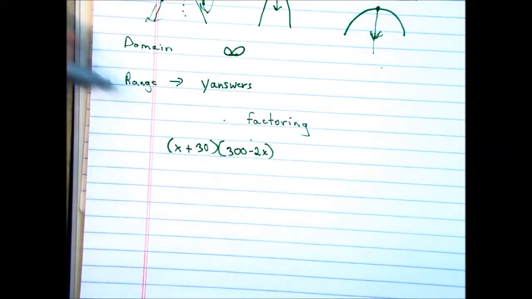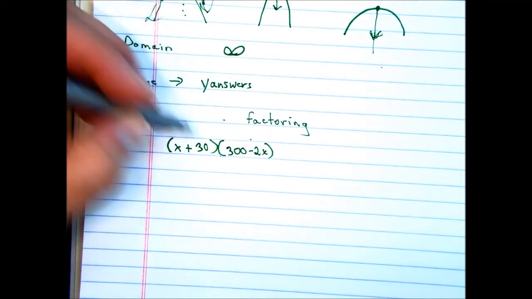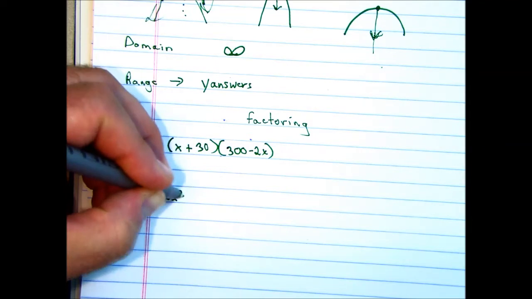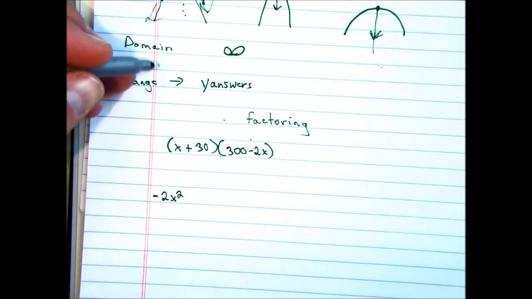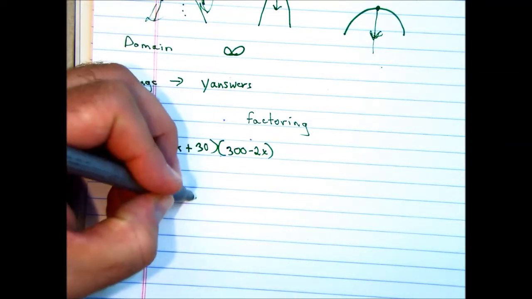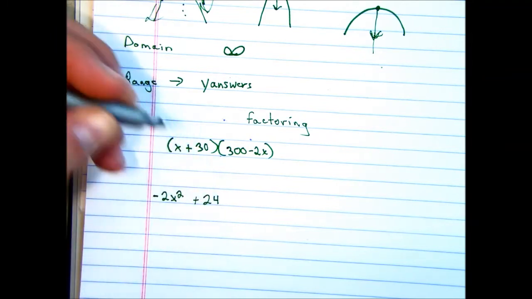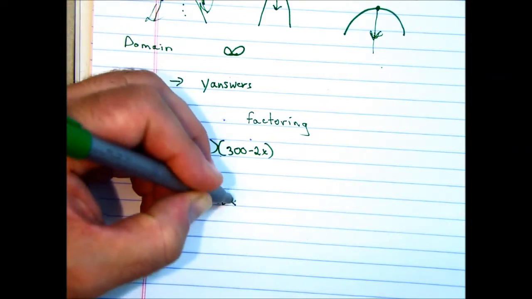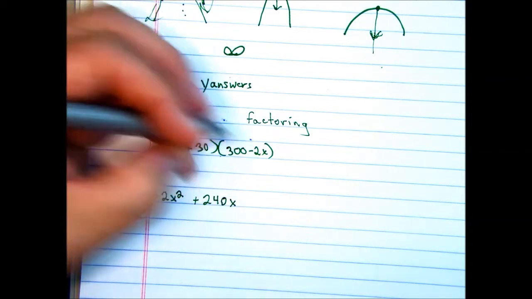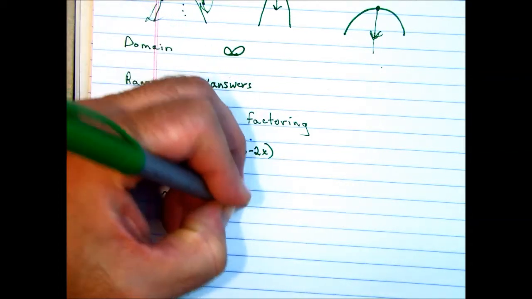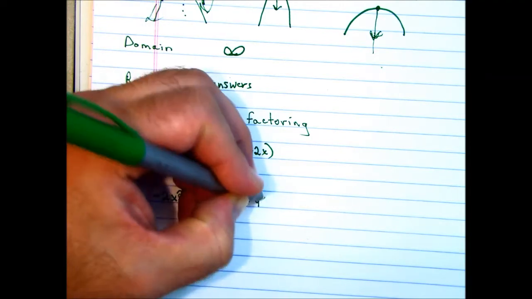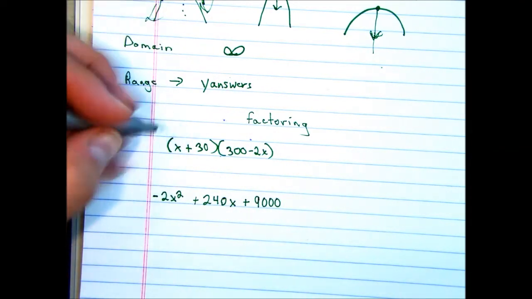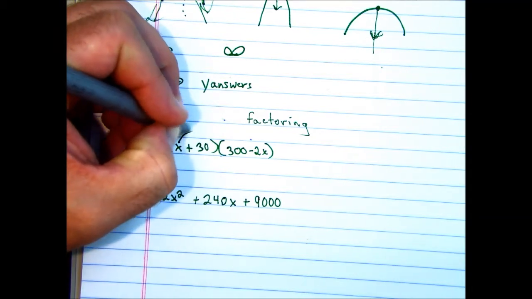Okay, that means we have negative 2x squared plus 240x plus 9,000. All right, now how did I do that? Again, that's my smiley face. This would be 300x.